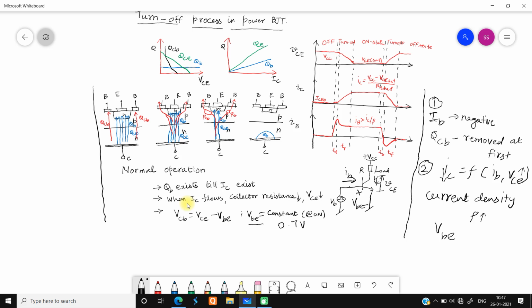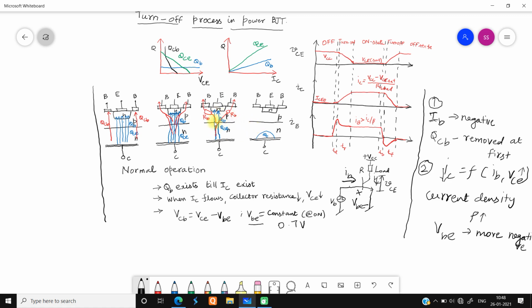Since this VBE will go more negative, the IE will go into the negative direction. Then the IE will be reduced in the emitter section, and the charges will be removed, getting pulled up.